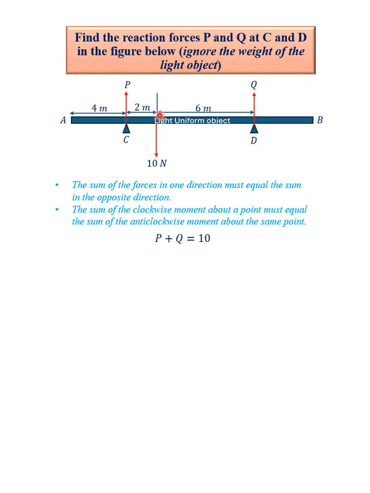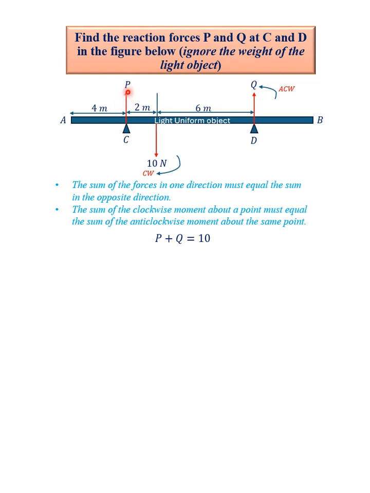In other words, it will pull this rod, this uniform object, to rotate like this about point C. Let's look at the force Q. About point C, the force Q will cause the object to rotate like this, so it creates an anticlockwise moment.